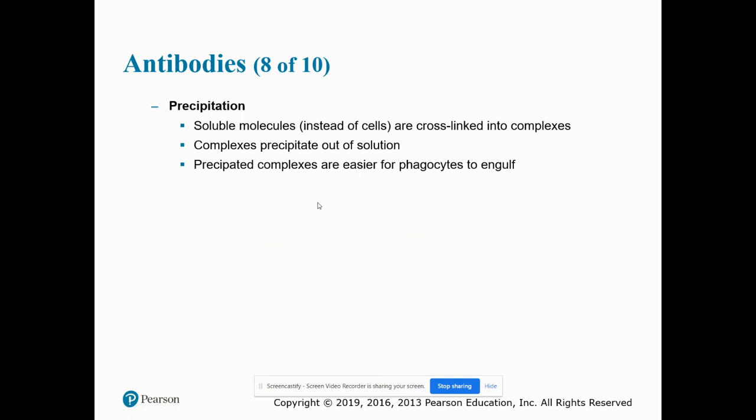Precipitation. So this is where soluble molecules, not cells, are going to be cross-linked into complexes. These complexes will then precipitate out of solution. And once it's precipitated, these complexes are easier for the phagocytes to engulf.